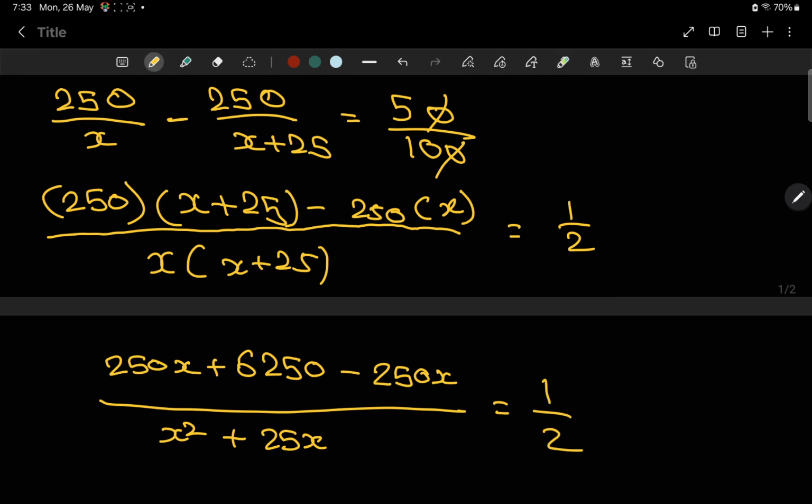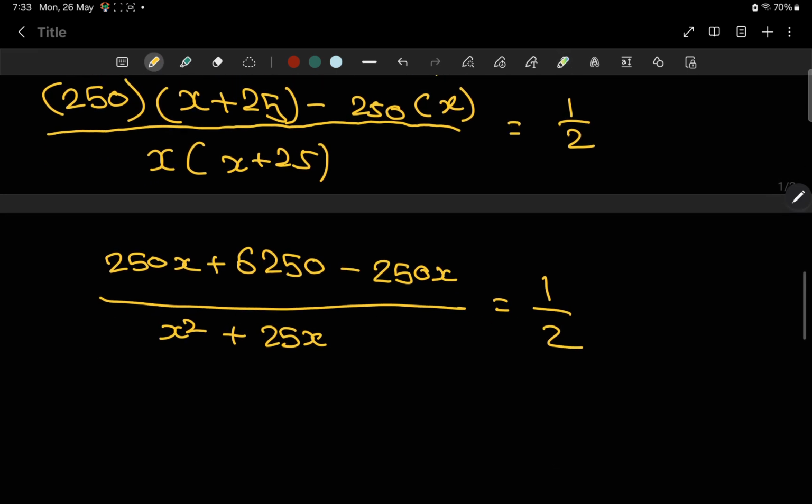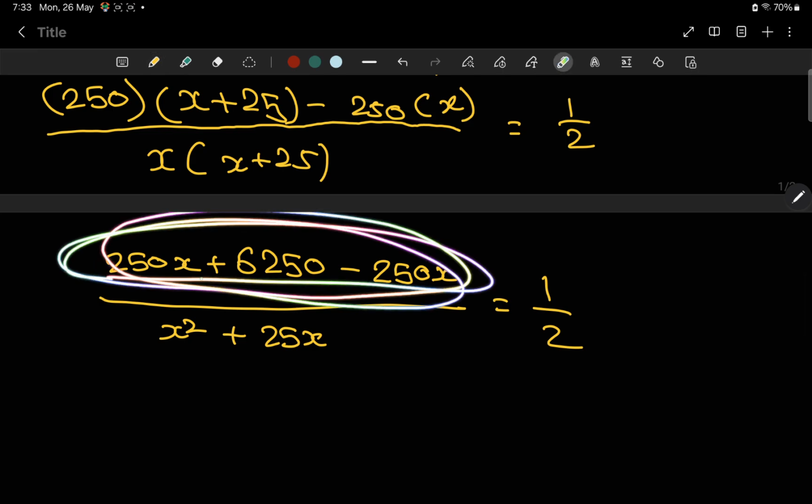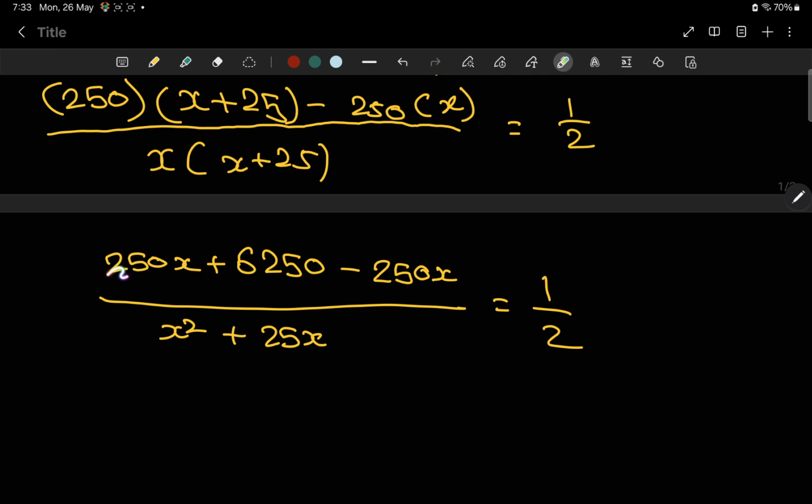Half. Now if you observe in this numerator, two terms can be cancelled, this and this. Why? Here it's a positive sign and here it's a negative sign.